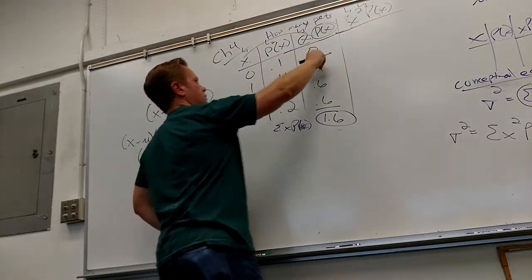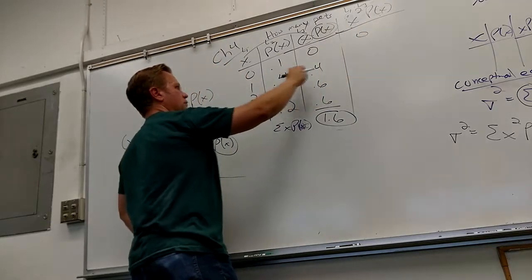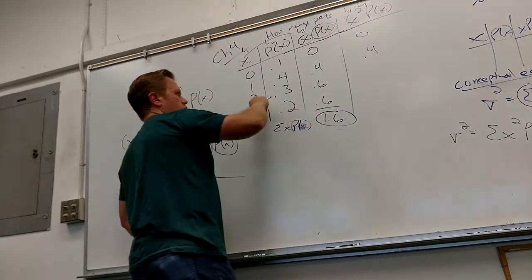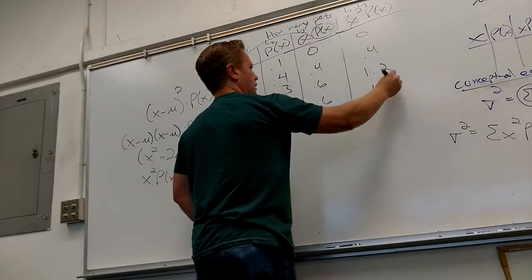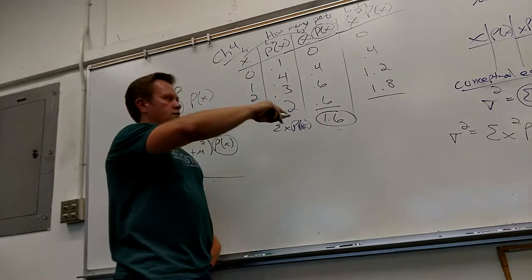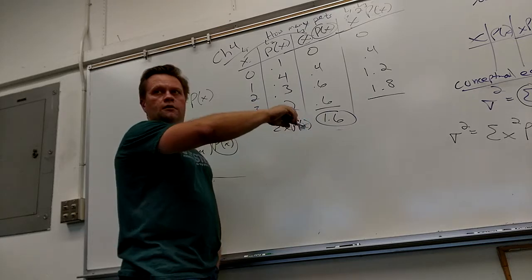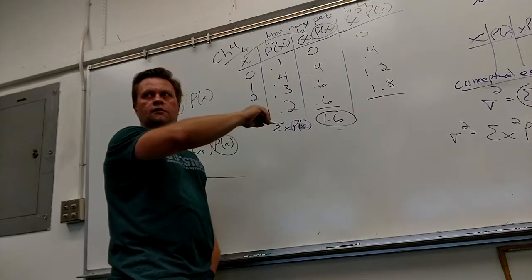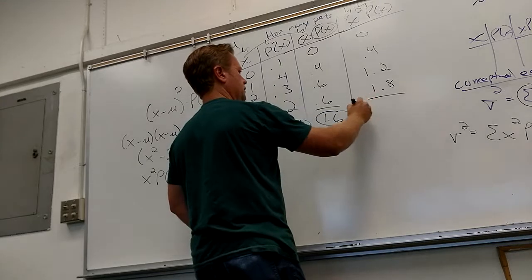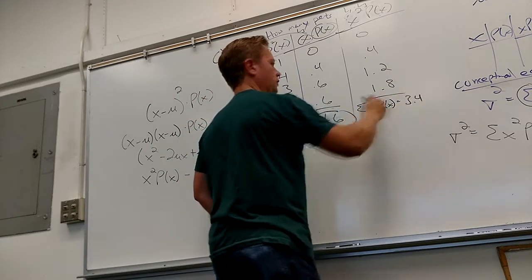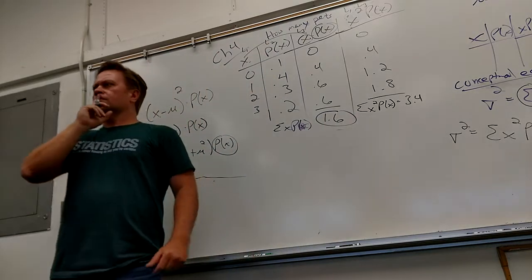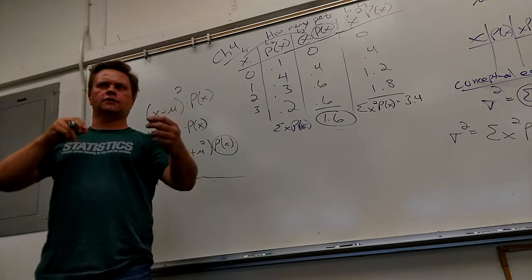So I get 0 times 0 is 0. 1 times 0.4 is 0.4. 2 times 0.6 is 1.2. 3 times 0.6 is 1.8. Yeah, 3.4. So the sum of x squared p of x is 3.4.